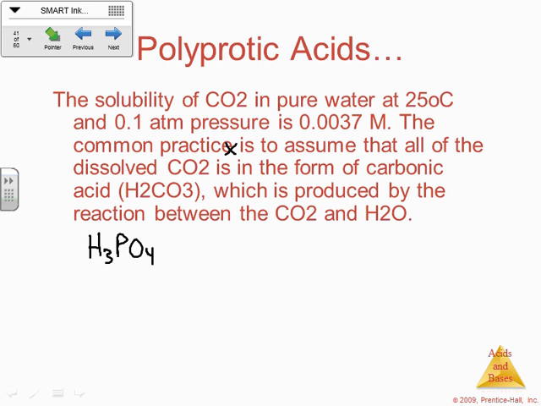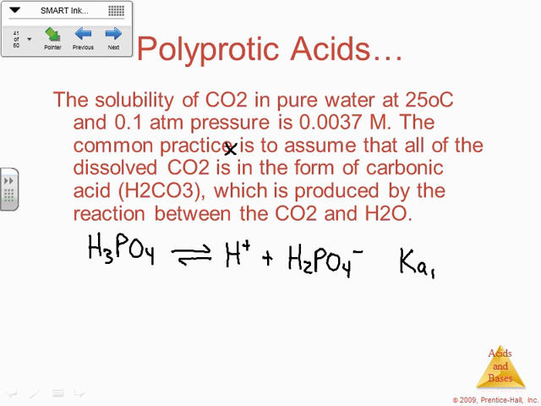So the first one, basically, H3PO4, you would just say, okay, the first one is going to be, it gives off its first hydrogen, and then what's left? H2PO4 minus, right? So that's your Ka1, right?